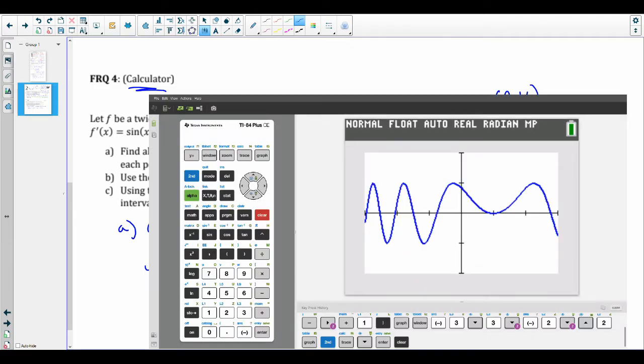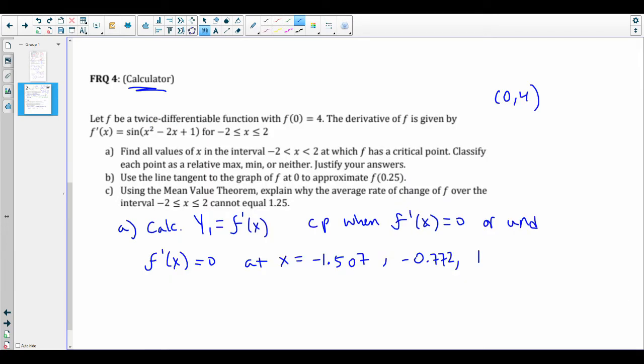Now, if you look at the graph, you see how at 1, let's hit trace, we don't change signs. So it's a critical point, but because we don't change signs, it's not going to be a relative extremum. The other 2 points, the derivative changes signs there, so those are going to be relative extrema. So we're going to exclude 1 from which one is the relative min and which one is the relative max.